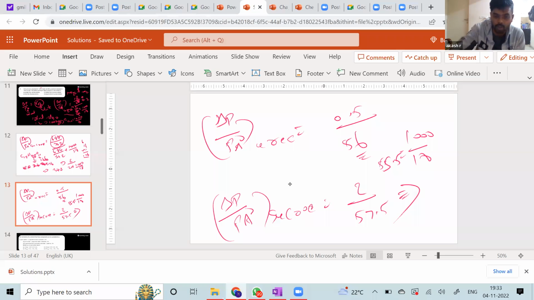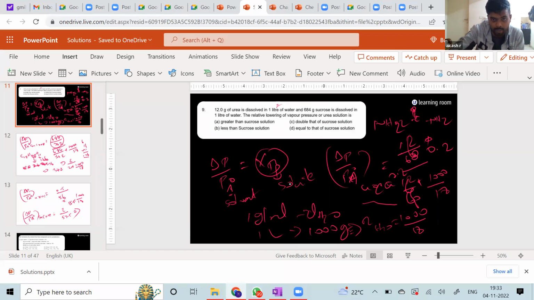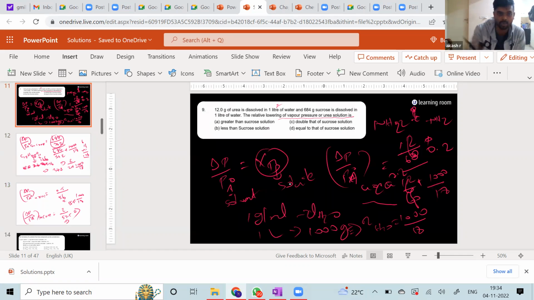So the relative lowering of vapor pressure of urea solution is going to be lesser than that of the sucrose solution, because definitely the sucrose solution is going to have a greater value. So what should be the answer to this question? B should be the answer. It is going to be less than that of sucrose solution. Yes. Anybody has any questions?